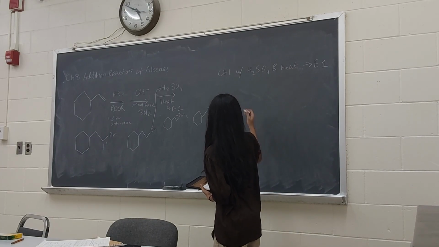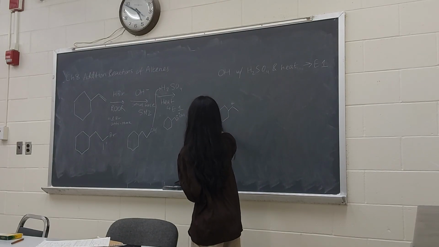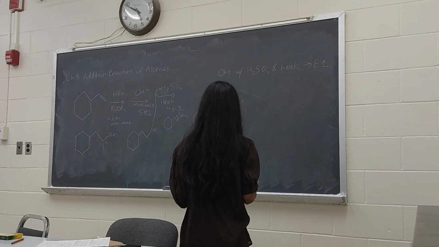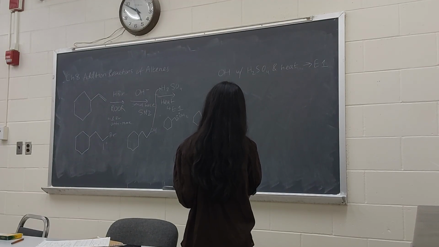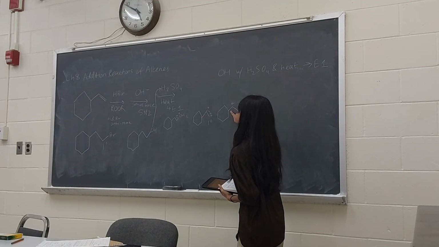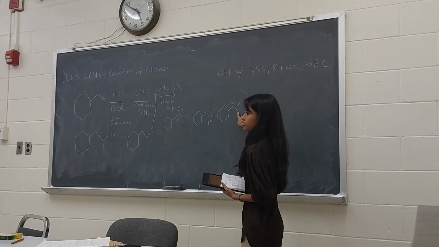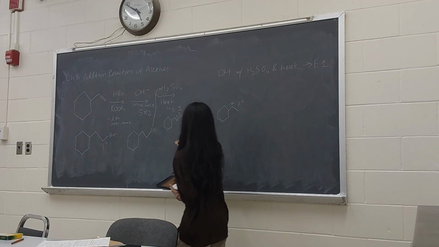Go back to here. So we turn this from primary to secondary. And then E1 is always going to be Zaitsev, right? So the alkene can either form here or here. But Zaitsev is more substituted, right? So is it going to form here or here? There. So you'll have this.